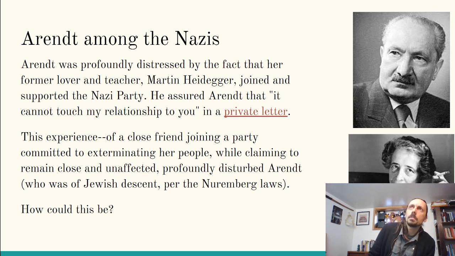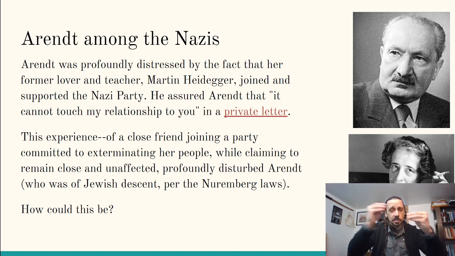This was a party dedicated to the extermination of Arendt and her family, and in fact all Jewish people. But he wrote a letter to Hannah saying, the Nazi Party cannot touch my relationship to you. So this experience, a close friend, a former lover, your teacher, your mentor, joining a party committed to her murder, while claiming to remain close and unaffected, really disturbed Arendt.